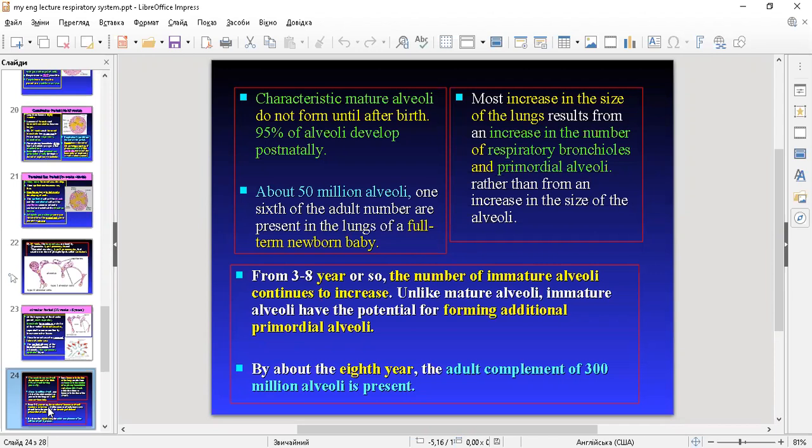From 3 to 8 years or so, the number of immature alveoli continues to increase.